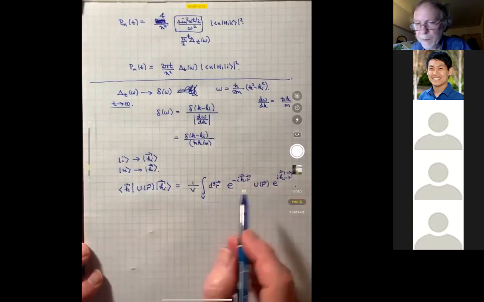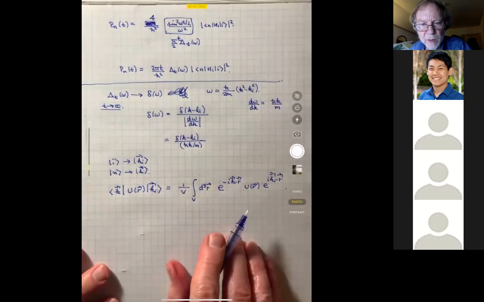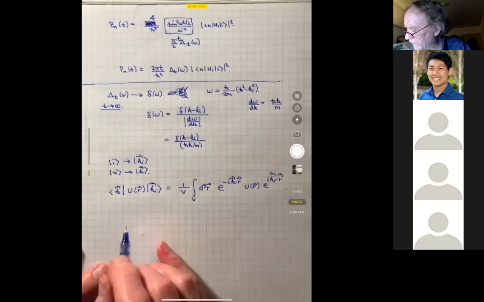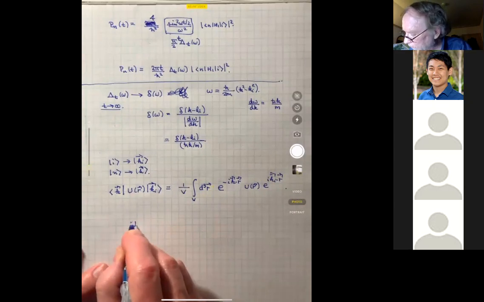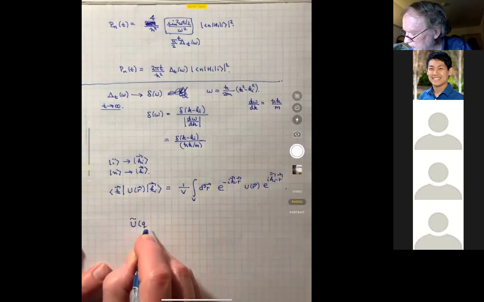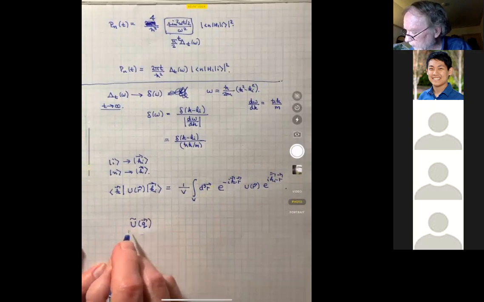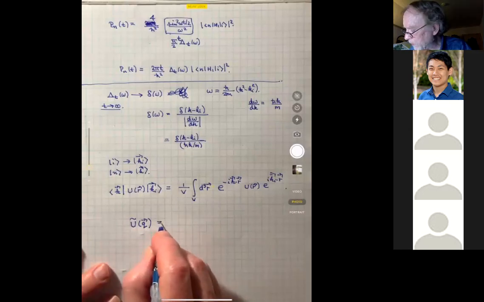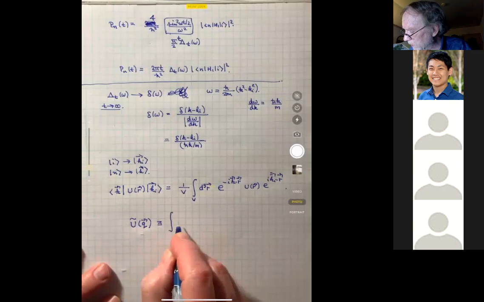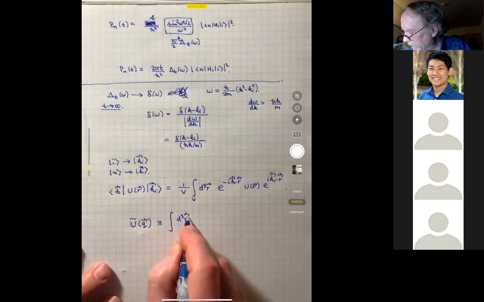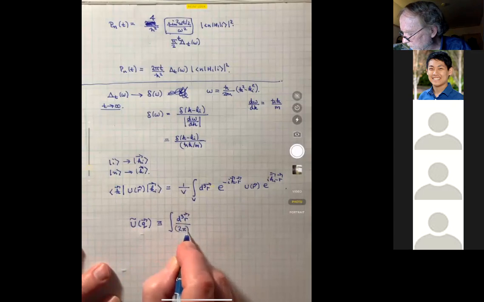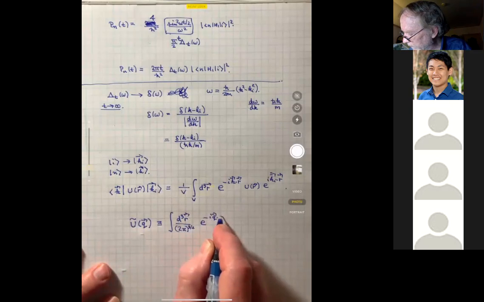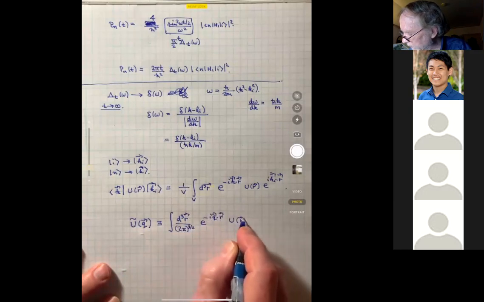And you can see that this becomes proportional to the Fourier transform of the potential. This is just the matrix element of the potential between initial and final plane waves. Allow me to define the Fourier transform of the potential. I'll call it U tilde to indicate a Fourier transform, and I'll let Q be the variable upon which the Fourier transform depends. This is a definition. Let's define this as the integral over R divided by 2 pi to the 3 halves times e to the minus iq dot R times U of R vector.